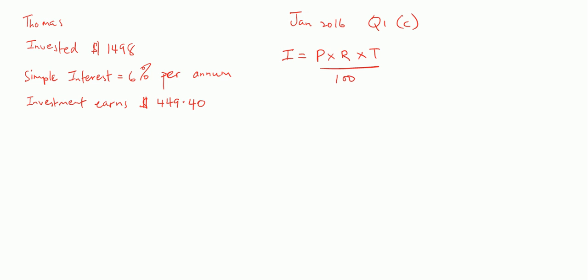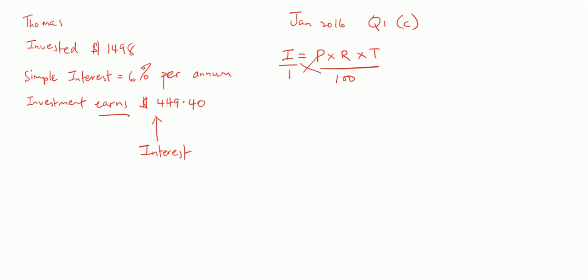Right? Now, the question asks us how long will it take the investment to earn $449.40. So therefore, they have given us the interest. This is the interest. Right? Because how much does it earn? That is interest. So the question asks us how long, so we want to find time.